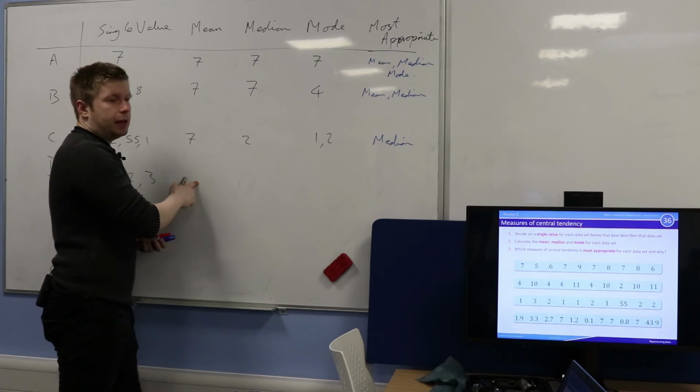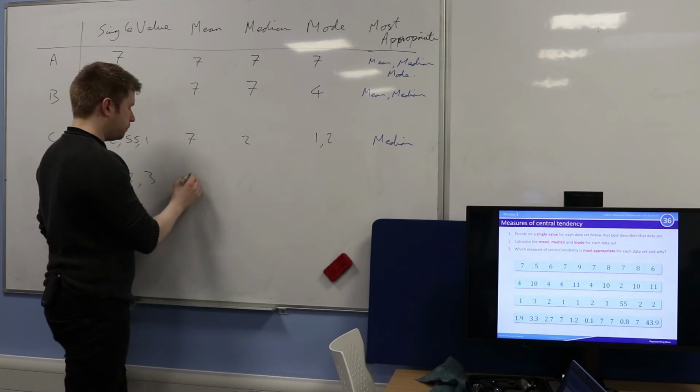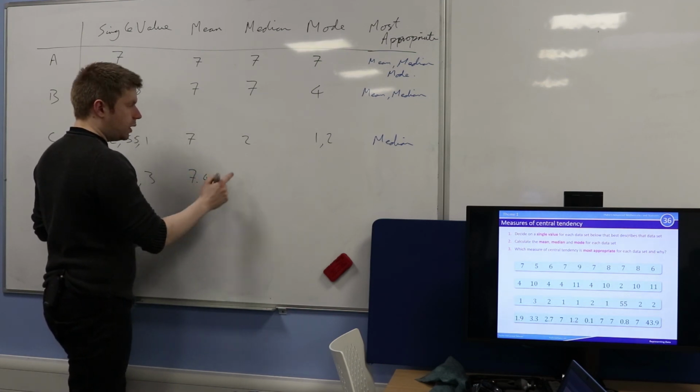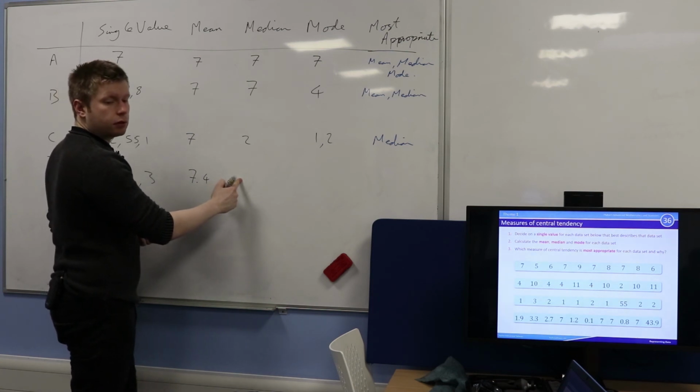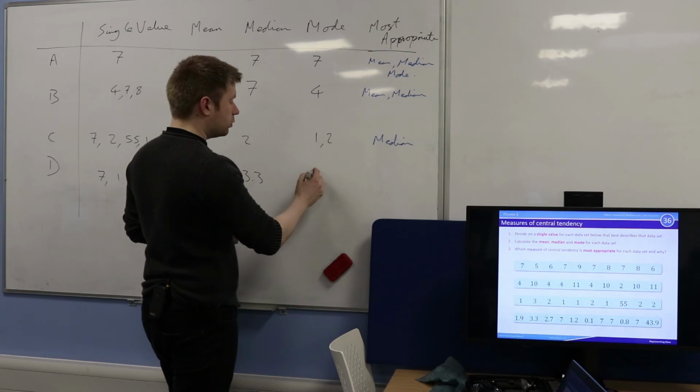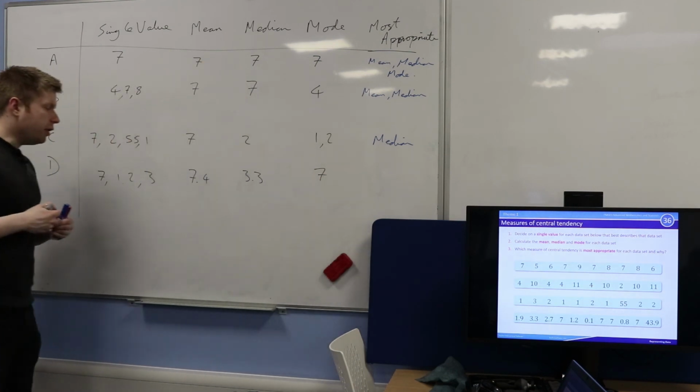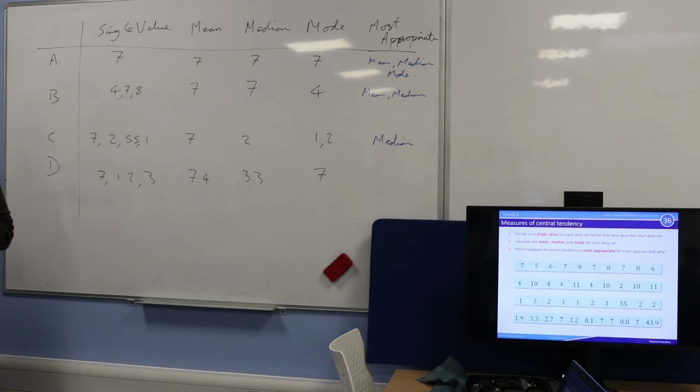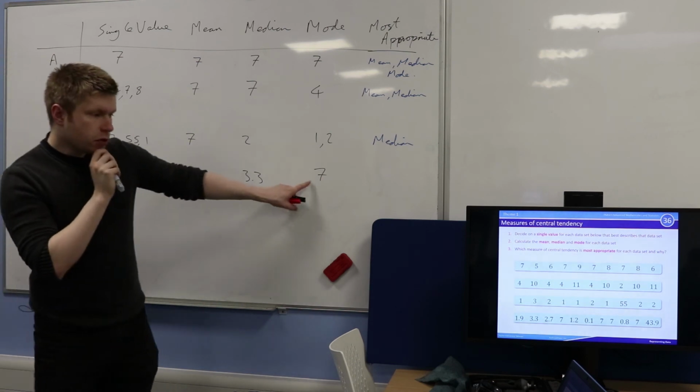What do we get for the mean? 7.4. What do we get for the median? 3.3. What do we get for the mode? 7. Okay. So have a look. Which measure of central tendency is the most accurate here? Which one's the best one? The mode? Okay.